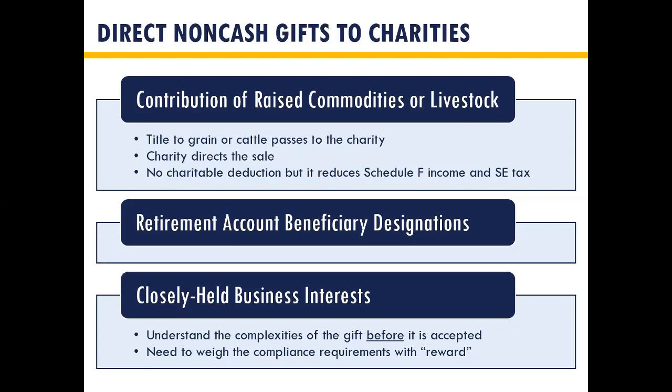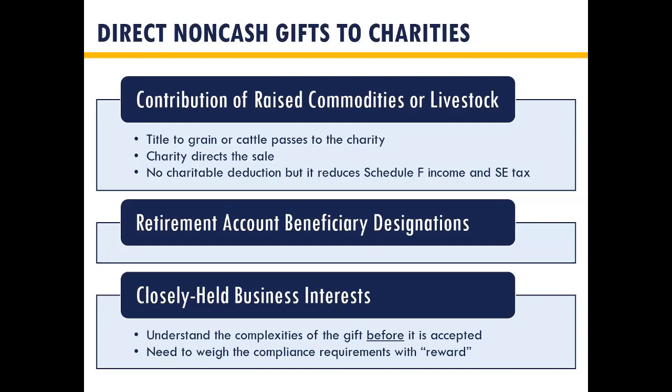What I mean when I say understand the complexities of the gift before it is accepted is, is it going to create unrelated business taxable income? That's the biggest thing. So how is it going to change my tax reporting requirement for my charitable organization?